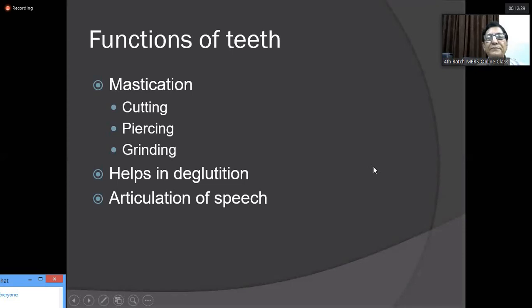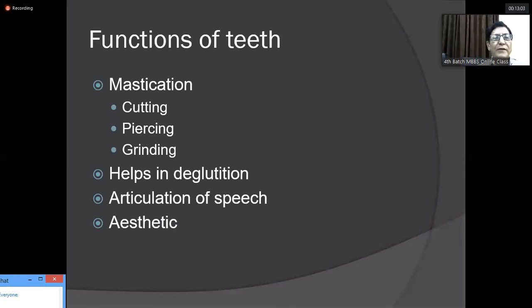So articulation in speech is very important. Now you can say which sounds are produced where in our mouth. If you don't have those parts of the oral cavity or teeth nicely made, or you have lost them, then you will probably have difficulty producing those sounds.